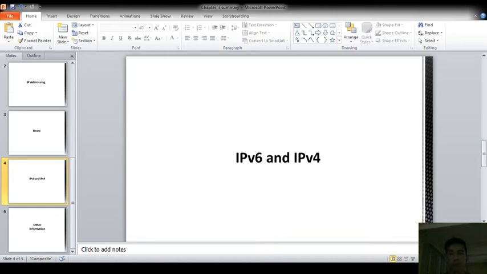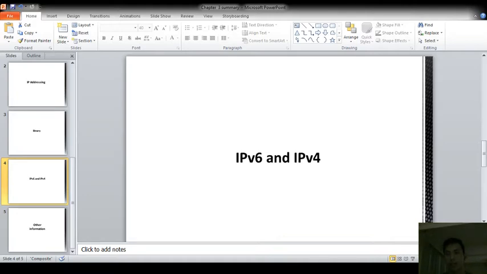So it would not be practical to statically assign an IPv4 address to each device. Therefore, these devices are assigned an IPv4 address dynamically using the Dynamic Host Configuration Protocol, or DHCP.